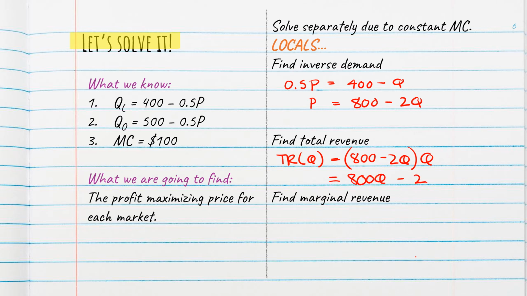Finally, we can find marginal revenue. Just as a reminder, marginal revenue is the derivative of the total revenue function with respect to Q. So in this case, marginal revenue, which depends on Q, is equal to 800 minus 4Q.